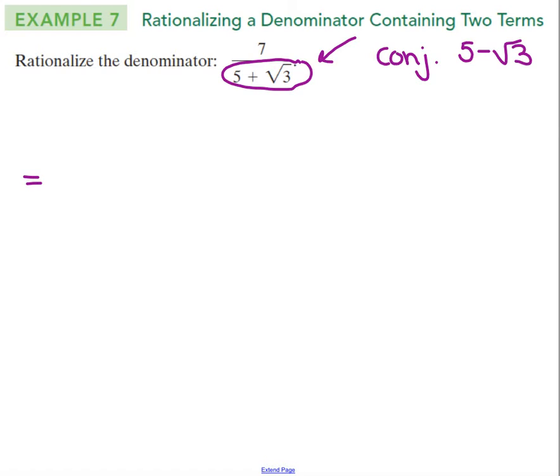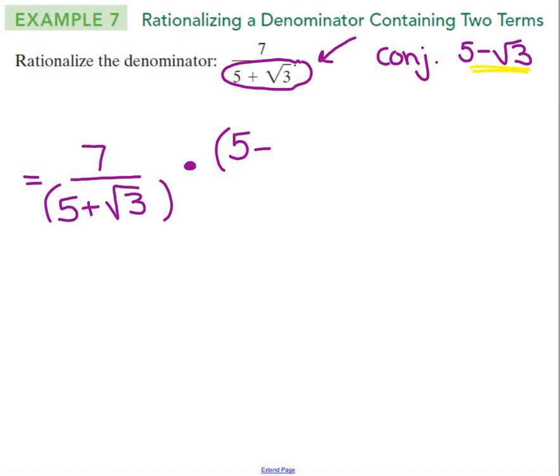So now, here's my original expression, 7 over 5 plus the square root of 3. I'm going to go ahead and put parentheses here and multiply by its conjugate. So here's our conjugate, 5 minus the square root of 3. I have to do this to both the numerator and the denominator.